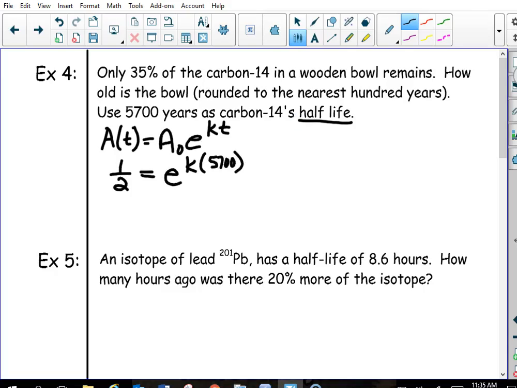All right, so we're going to take the natural log of both sides, and I'm going to use 0.5, it's just easier to put in the calculator.